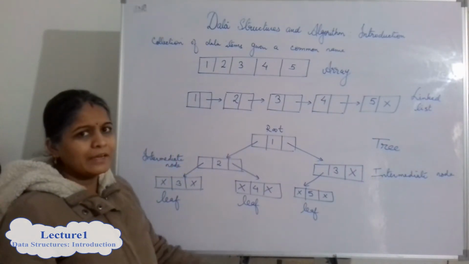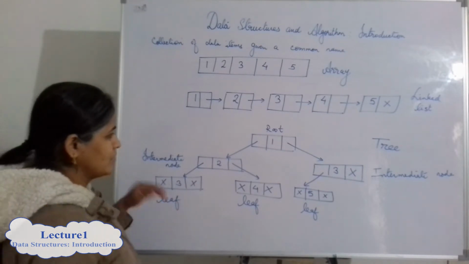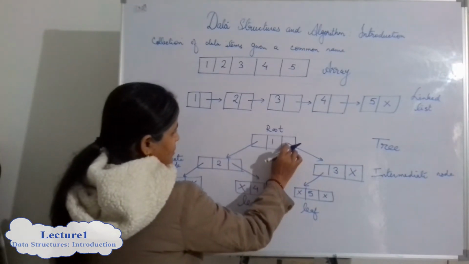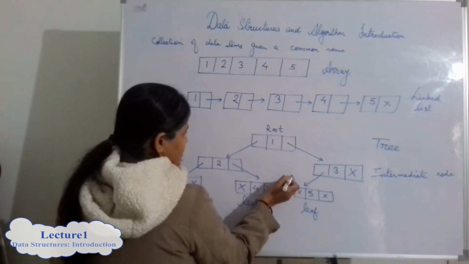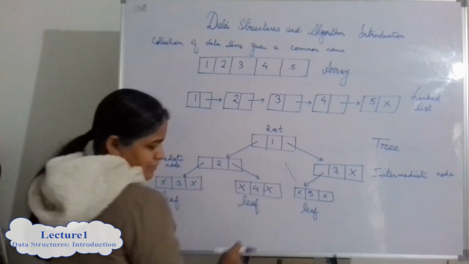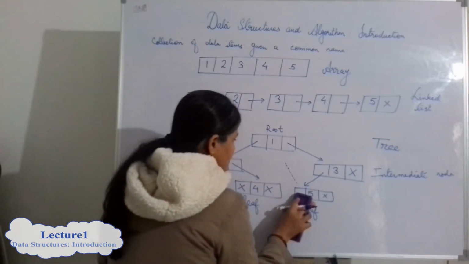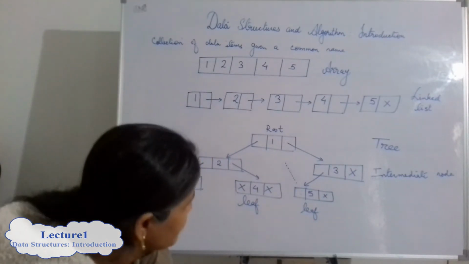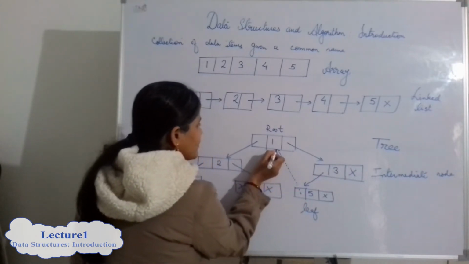Suppose we would like to form a cycle within the elements of tree. For example, this node points to this, and again this node points to, instead of null, this node points to this element. Okay.